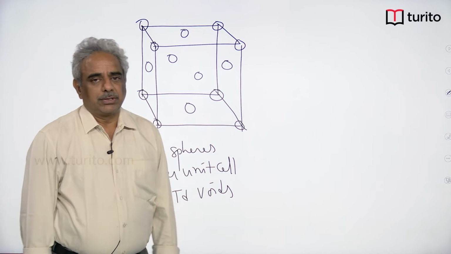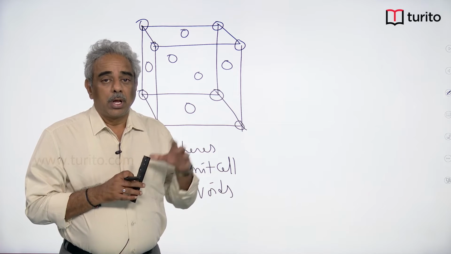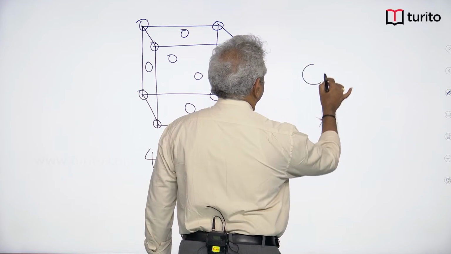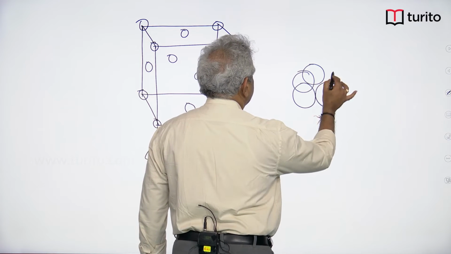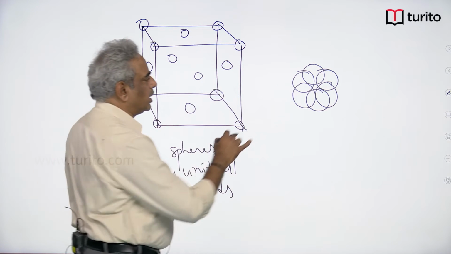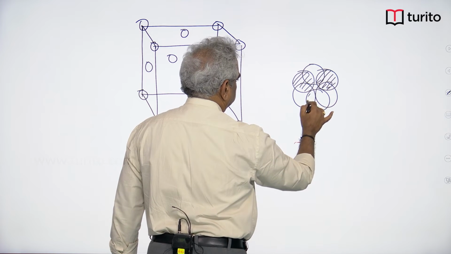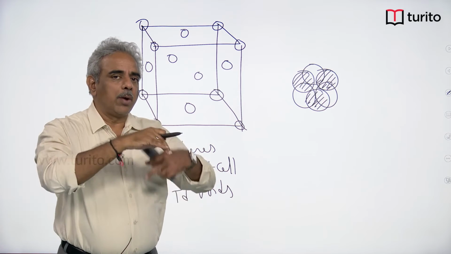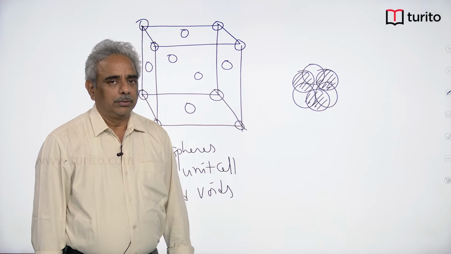Now our question is how to locate octahedral void. What is an octahedral void? We have to see this kind of environment. Three triangularly oriented spheres and 3 opposite triangularly oriented spheres. In between you have the octahedral void.